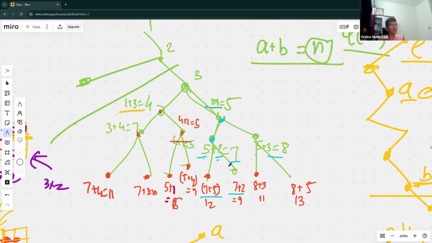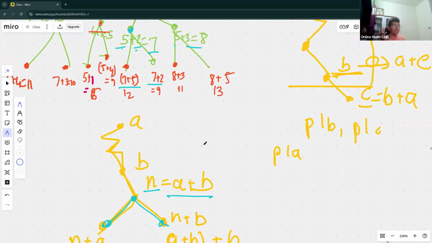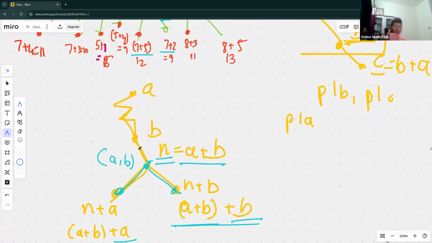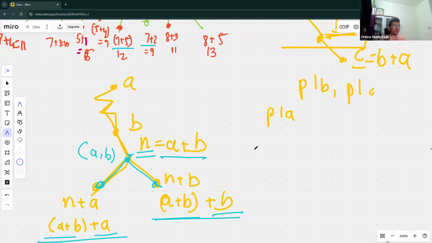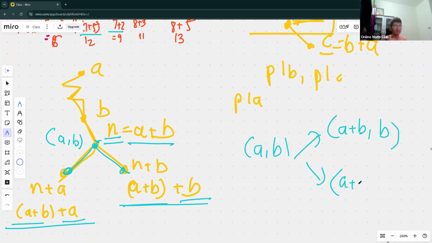There's a definite pattern. Rather than denoting by n, we denote this vertex by a comma b, and we're considering the sum a plus b. Then from a comma b, we go to either a plus b comma b or a plus b comma a. The greater and smaller thing we can consider later.